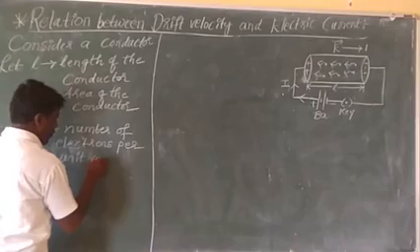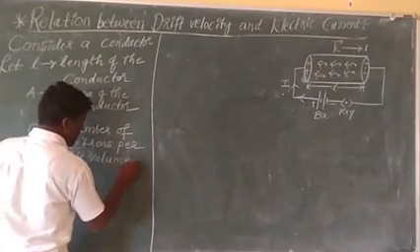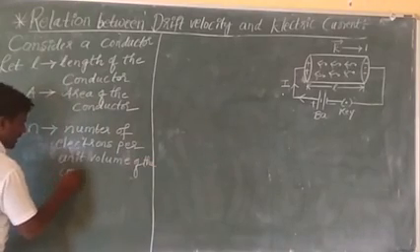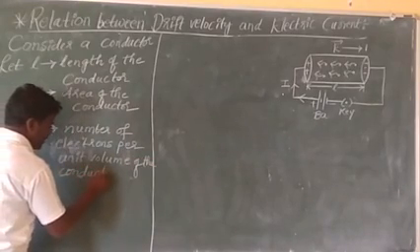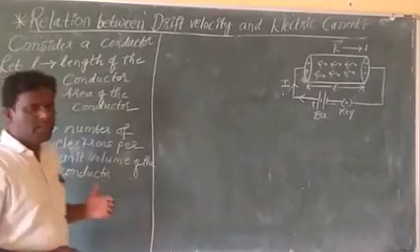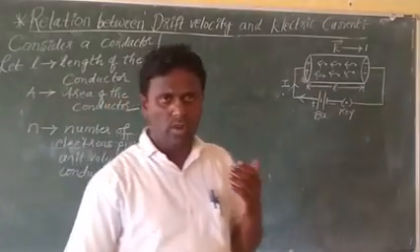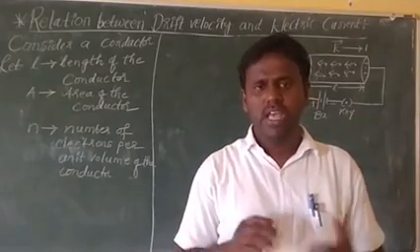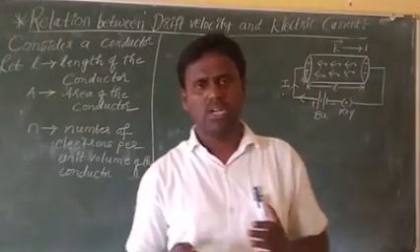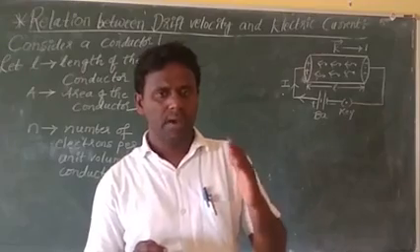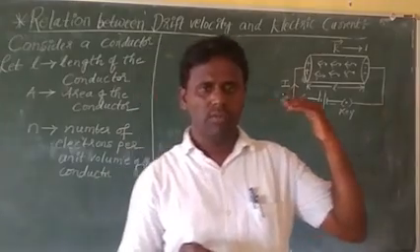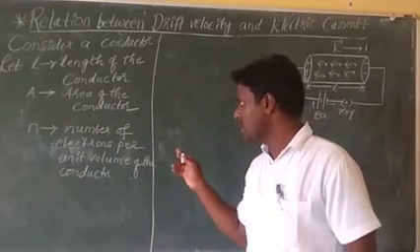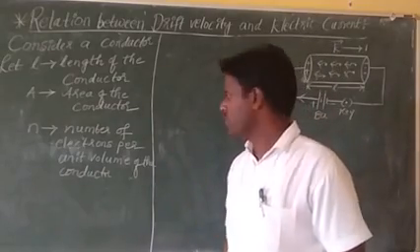It doesn't mean the total number of electrons in the conductor is n. What I am telling is n is the number of electrons present per unit volume of the conductor.